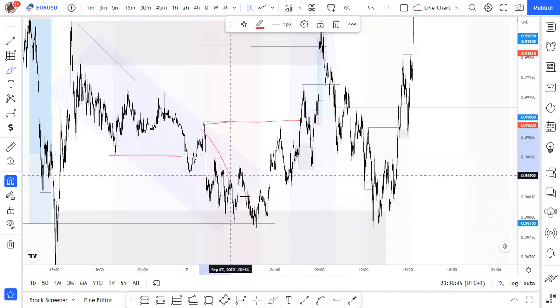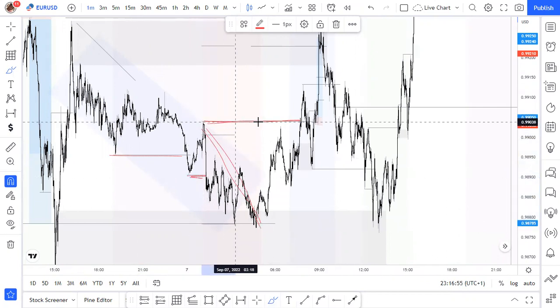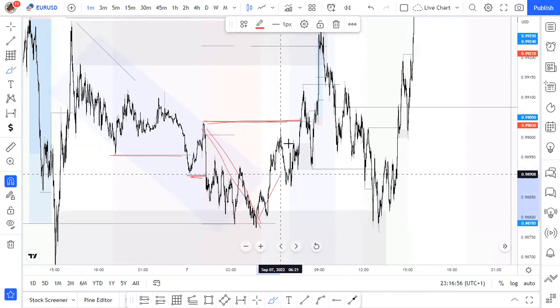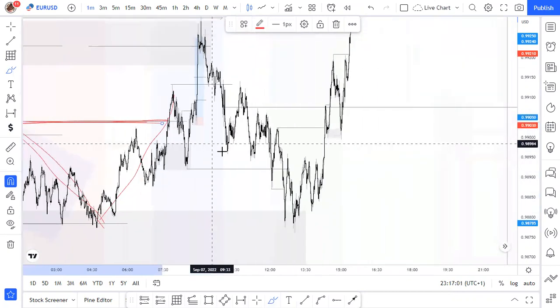I took this as a single push, and this being my break construction, and then price pushed up during London Open, breaking above this high.